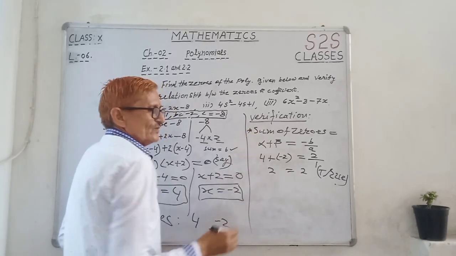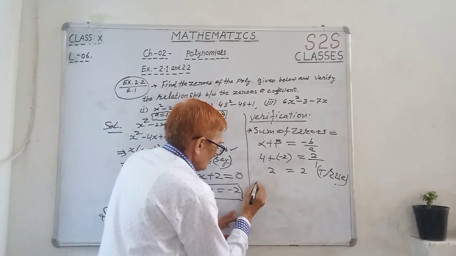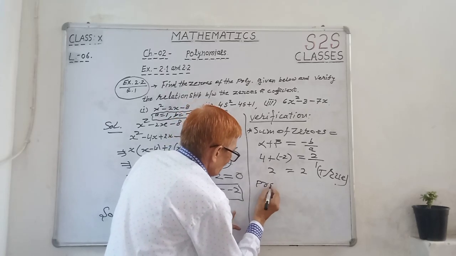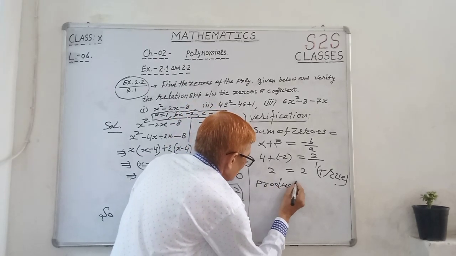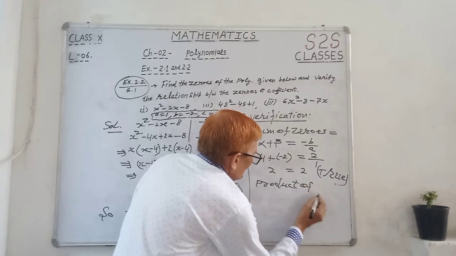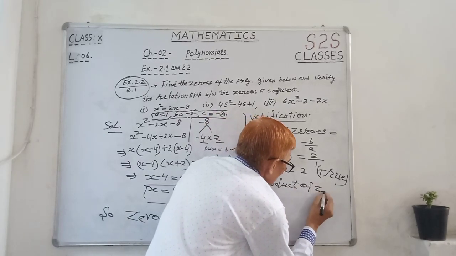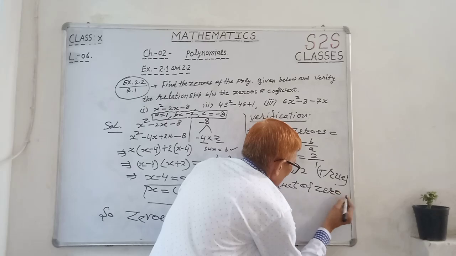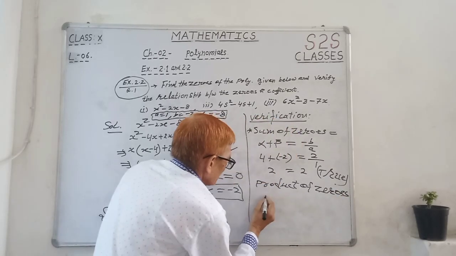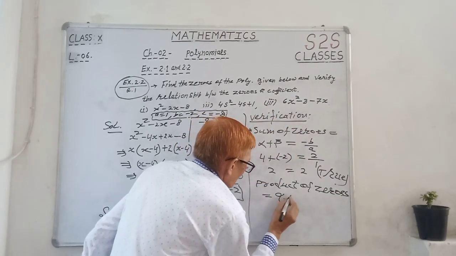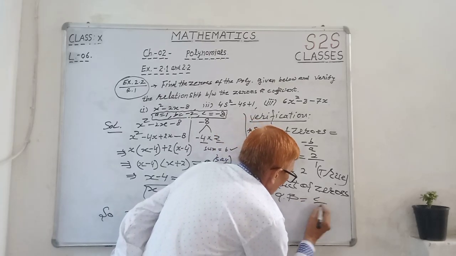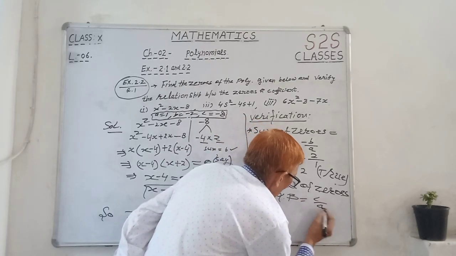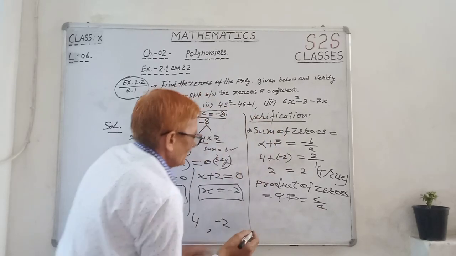Second point, two points are there. Both we have to verify. Product, the product also has a formula. Product of zeros is equal to alpha into beta, which is equal to c upon a. Put the values.